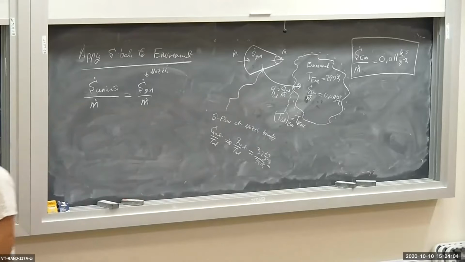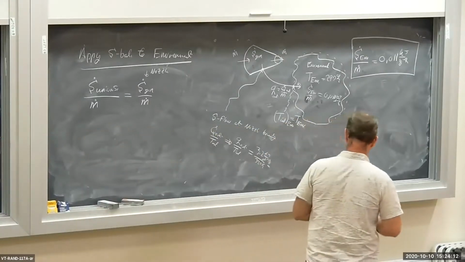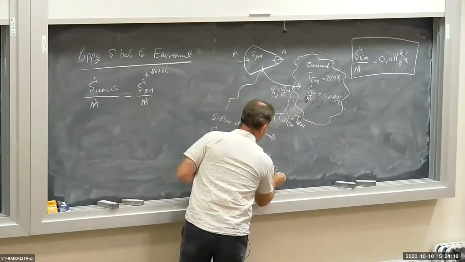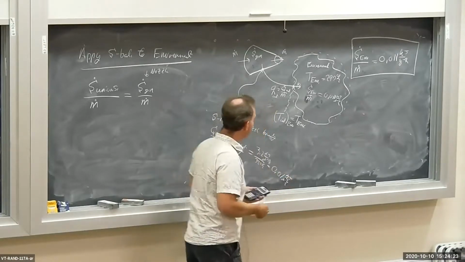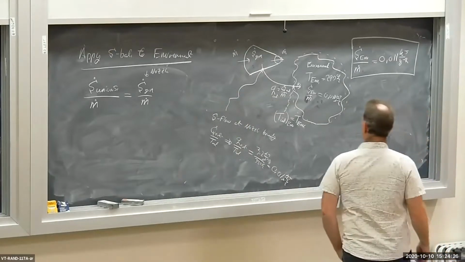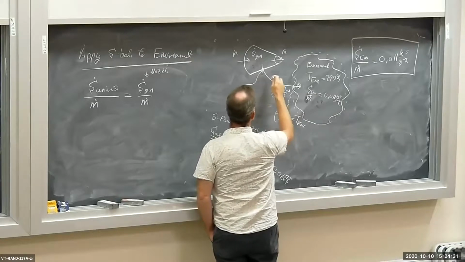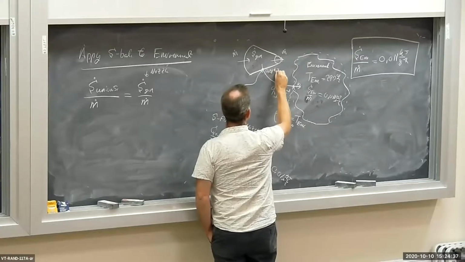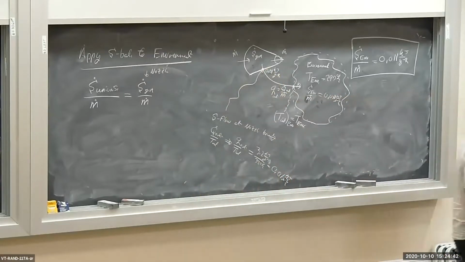So 3.2 divided by 320 gives 0.01 kilojoule per kilogram Kelvin. So right here, entropy is leaving at a rate of 0.01 kilojoule per kilogram Kelvin, right at the surface of my nozzle.